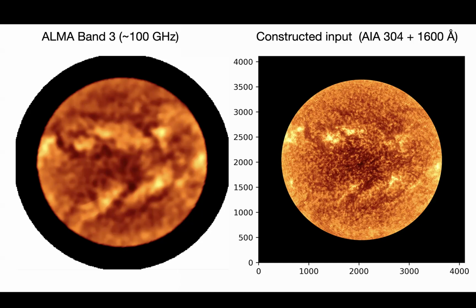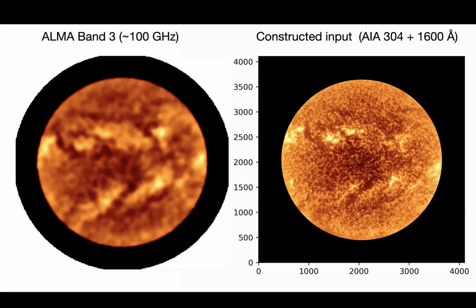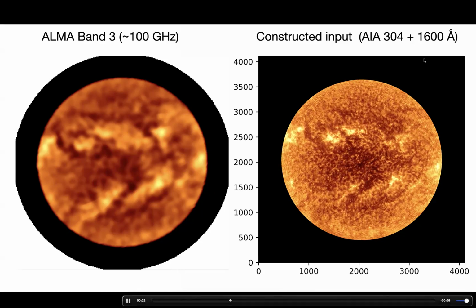But there's another advantage in the AIA data from the Solar Dynamics Observatory, namely that of also a high temporal cadence. So this is now no longer a map. This is an evolving cube which evolves in time, with a temporal cadence of 24 seconds from the 1600 channel.